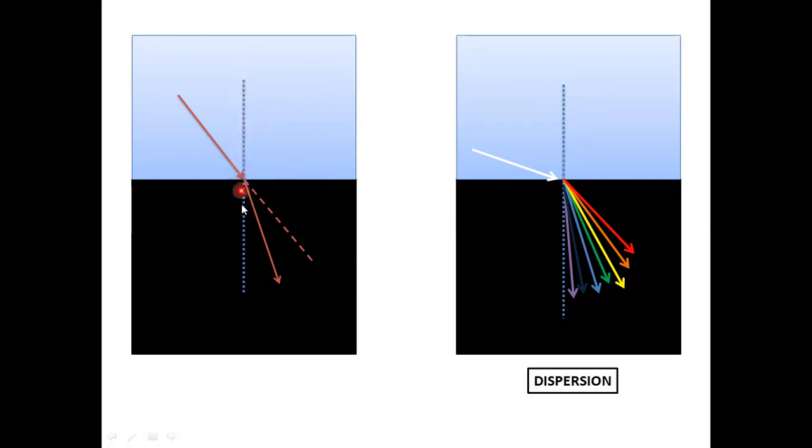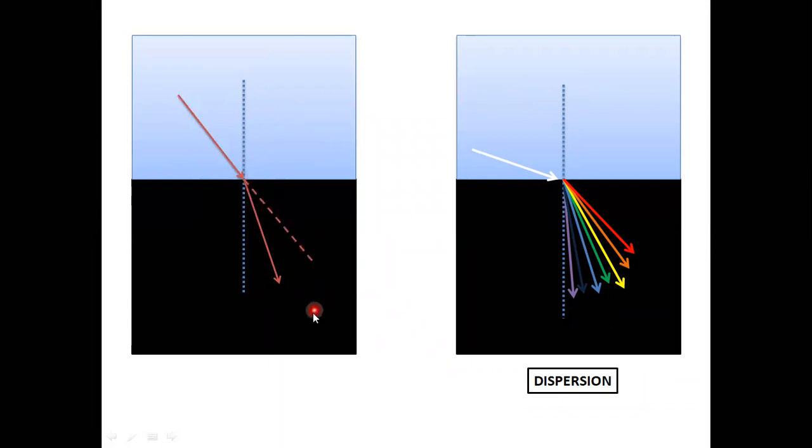This dashed line is the normal, perpendicular to the interface separating medium 1 and medium 2. If we allow light in this direction, since it is moving from rarer to denser, it bends towards the normal, so it gets deviated from its original path.